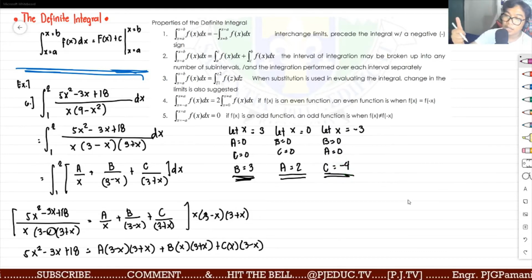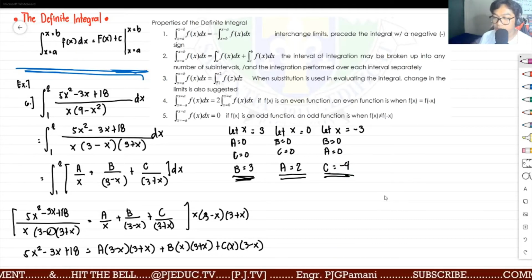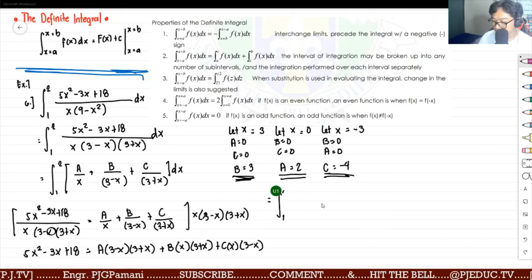Tama ba? Input nyo na lang sa calculator nyo. Then substitute na natin to complete our partial fraction.